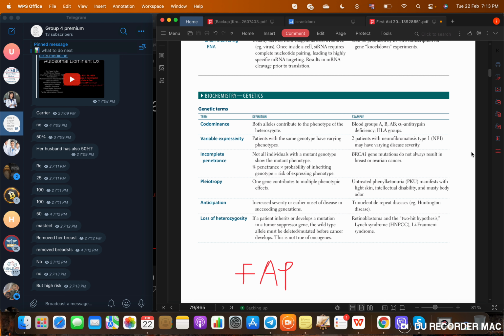Because the last thing you want to do is overdiagnose BRCA mutation, making so many ladies do mastectomy, overloading the medical system, which is going to paralyze it, okay? The medical system is not as strong as you think. If you put so much on it, it's going to break. So in Step 2, you will learn that we do not do BRCA gene checking for everybody. So BRCA gene mutation does not always result in breast or ovarian cancer.